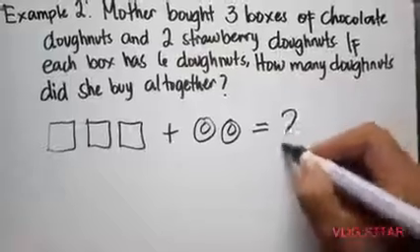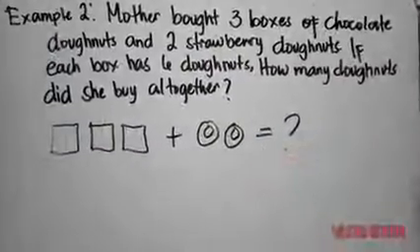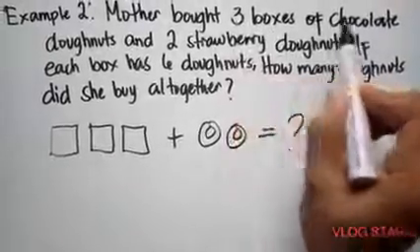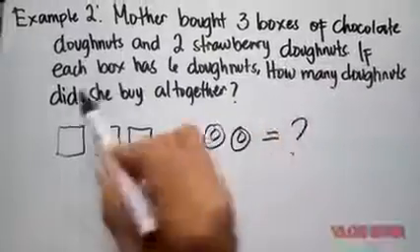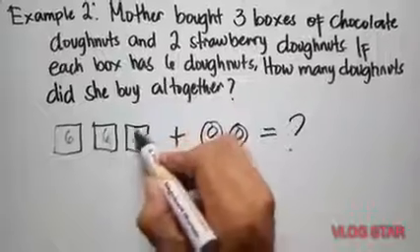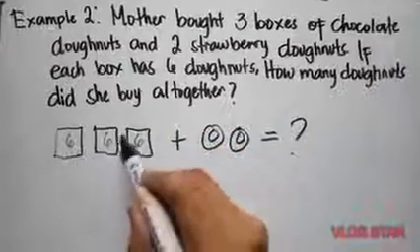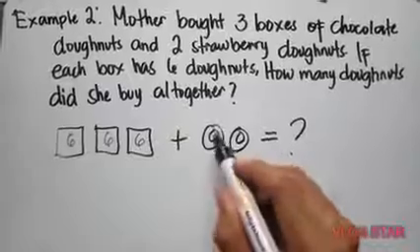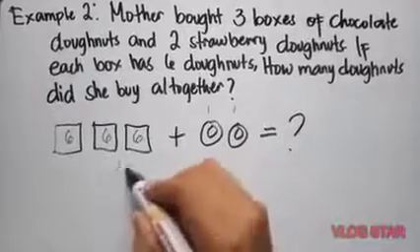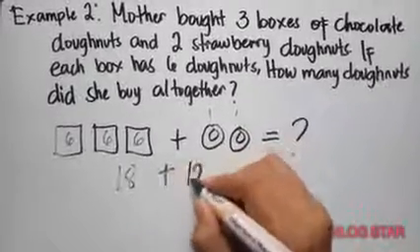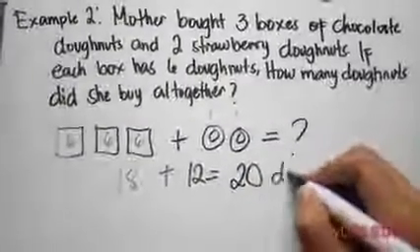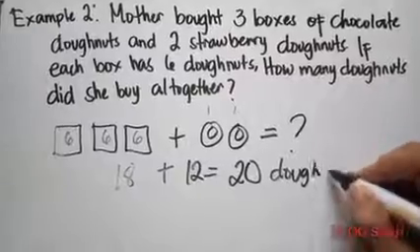So we're going to find the total number of donuts. If each box has 6 donuts, so if we add this, 6, 12, 18 plus 2 strawberry, 1, 2. So 18 plus 2 is equal to 20. It means that there are 20 donuts altogether.